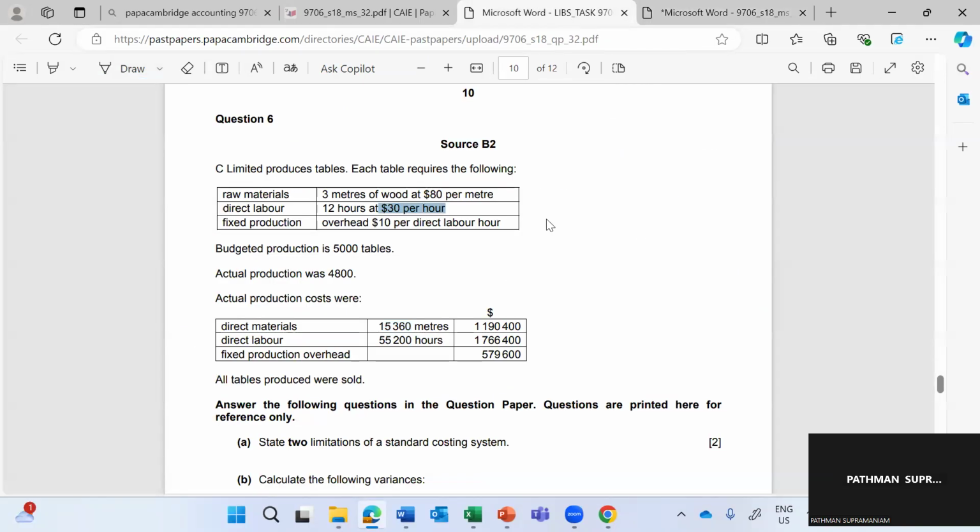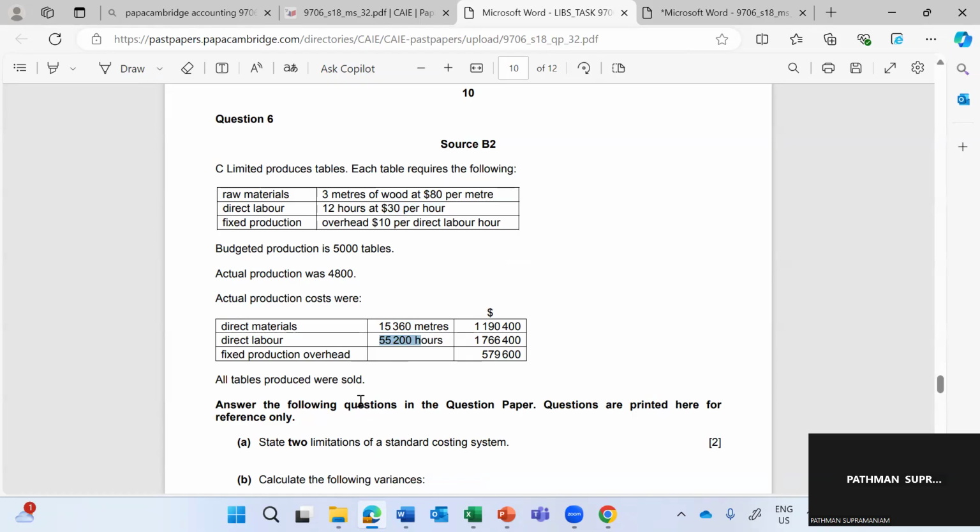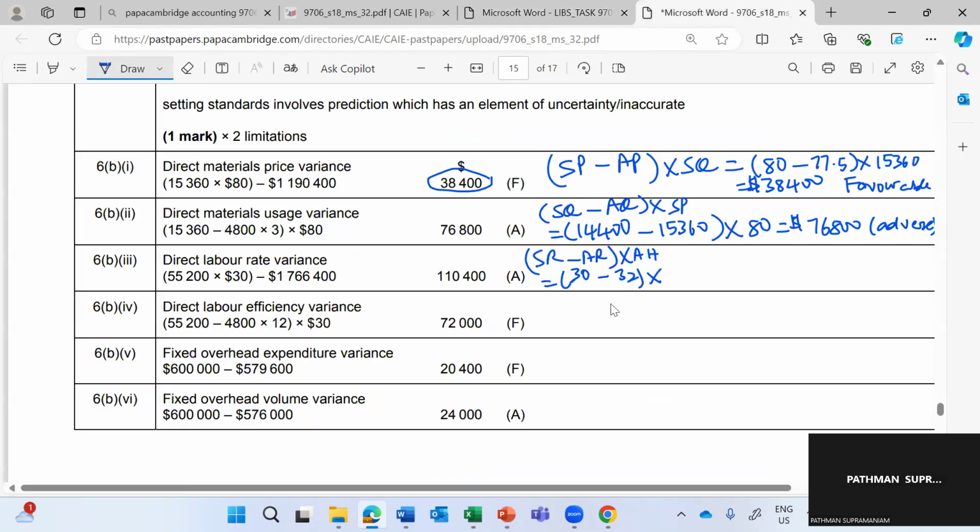The actual rate is 1,766,400 divide 55,200, which is $32 per hour, times the actual hours of 55,200.